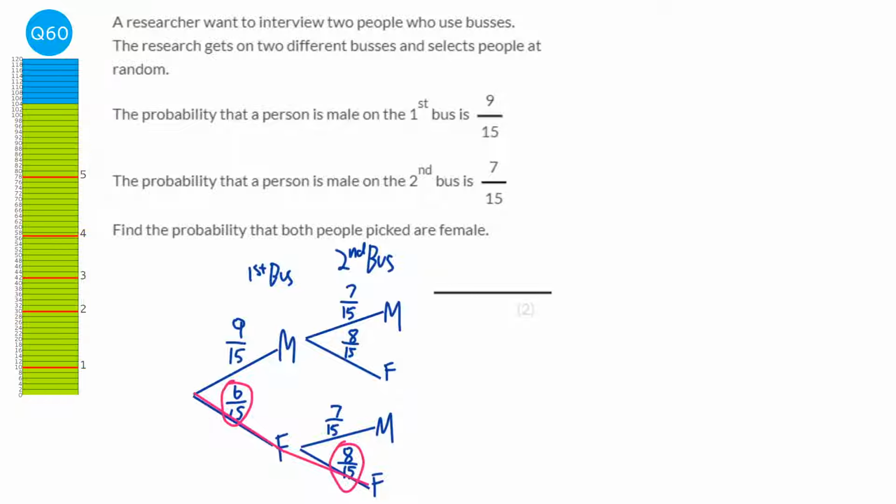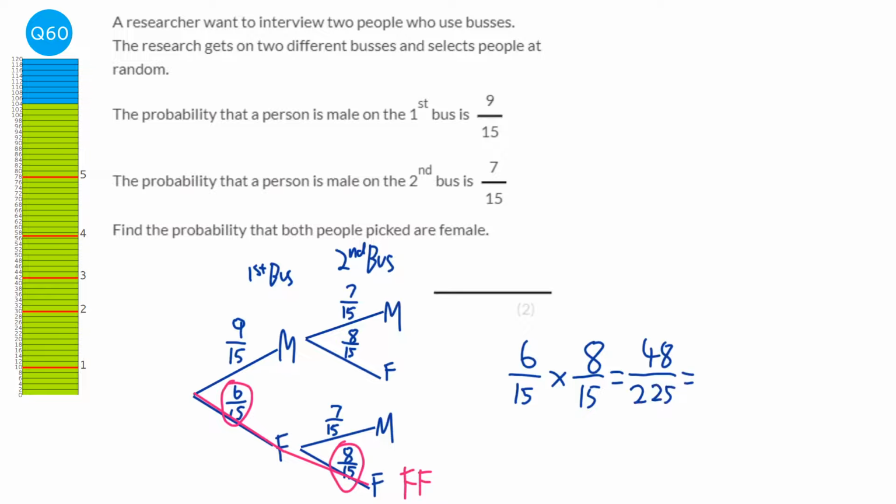So whenever you're finding the probability of getting to an outcome, this outcome will be FF, because they're both female, you are multiplying the fractions that you go across. So it would be 6/15 times 8/15. So 6 times 8 is 48, and times the bottoms, 15 times 15 is 225.